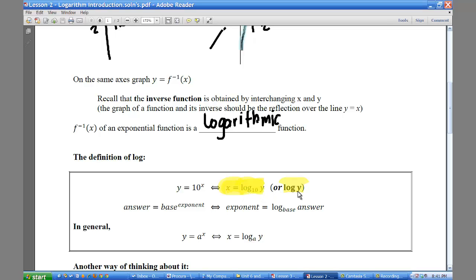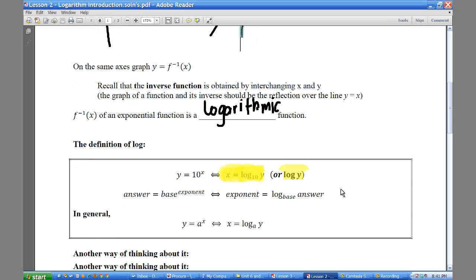So if there is nothing right here, if there is no 10 for base, it means it's log 10. In your calculators, it won't say 10, but you always assume that it's log 10 of something. Unless there is a different base, but we'll get to that later.